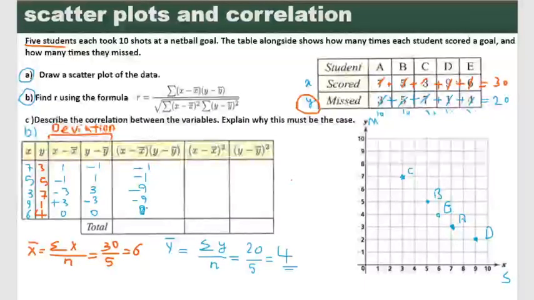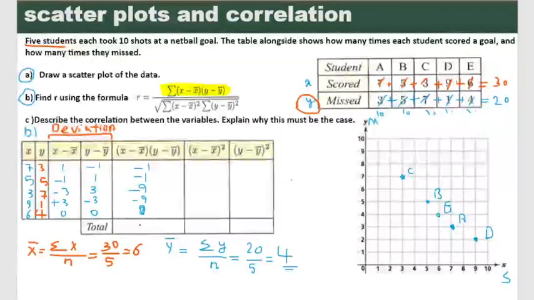If I add them up to find the sum of this product that I need for this formula, let me highlight it. If I highlight this part, I will find the sum of this product.